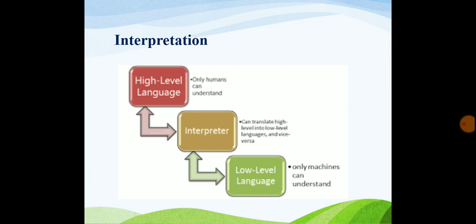The interpreter first reads the first line of the source code, converts that to machine code, and executes it immediately. Then it goes to the next line of the high level language program, reads it, converts that code, and executes it immediately.